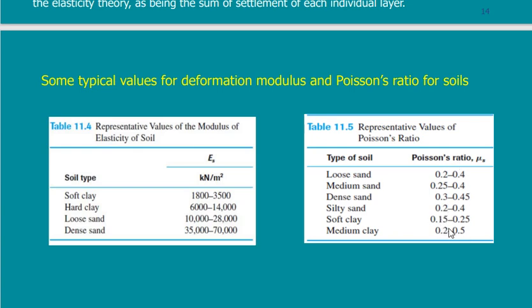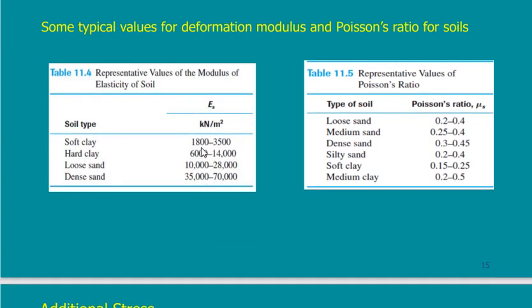It is not very important in many analyses, and as you see here, you have values ranging from 1800 till you reach 70,000. The range is very big. But here, if you look at these values, you find that from 0.2, 0.4, 0.25, 0.4, 0.3, 0.45, 0.2, and so on.